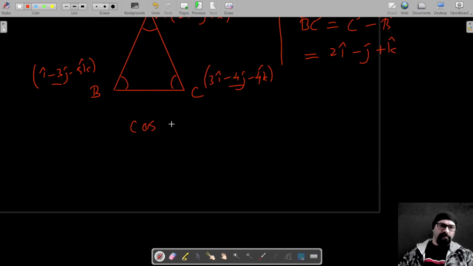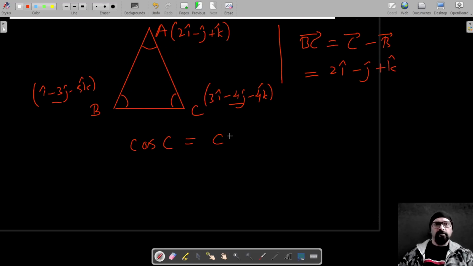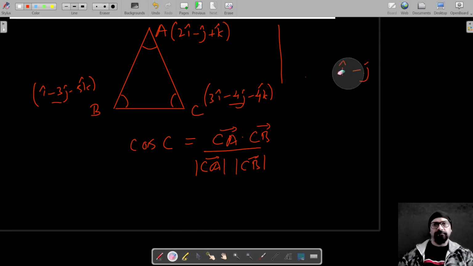Okay, so similarly, cos C would be the dot product of the CA vector and CB vector divided by their magnitudes. So let's find out CA.